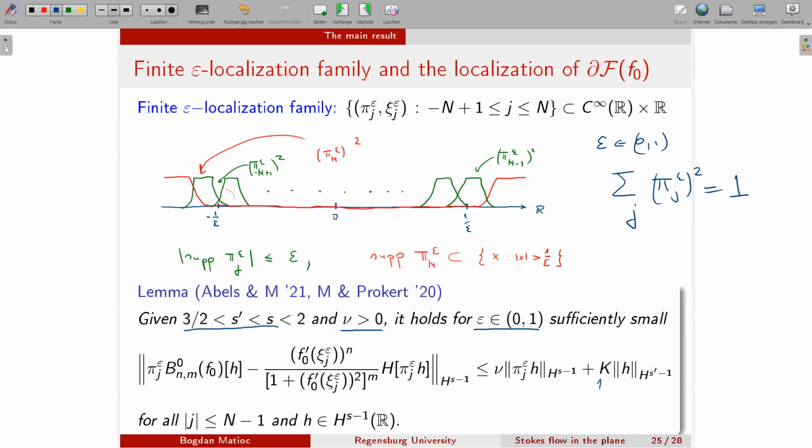And here we have a constant k, which may depend on epsilon and could be very large, but here we have a lower norm, the norm H^(s prime minus 1). This is true for j less or equal N minus 1 and all h in H^s. So this is a result obtained with Helmut Abels, but there are also other results on how to localize this operator, where you may have a function in front.